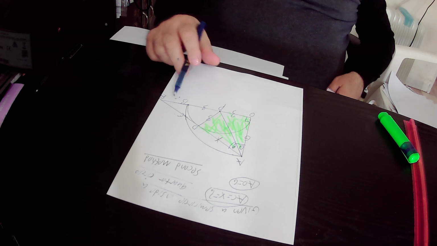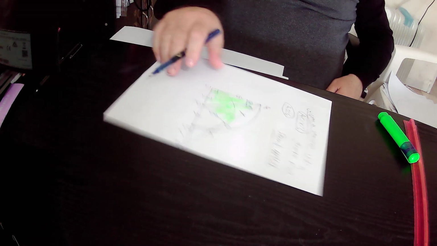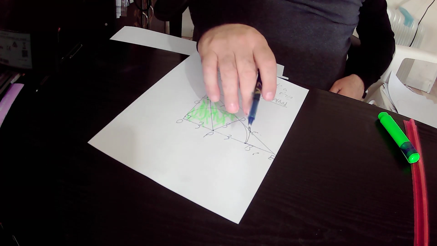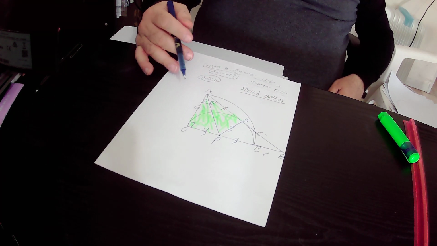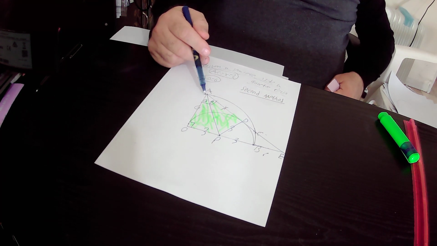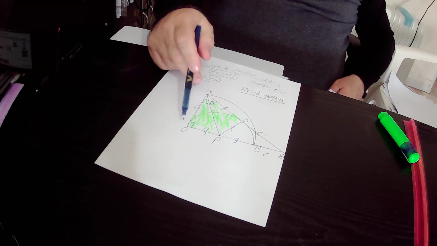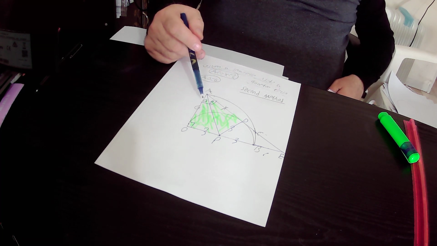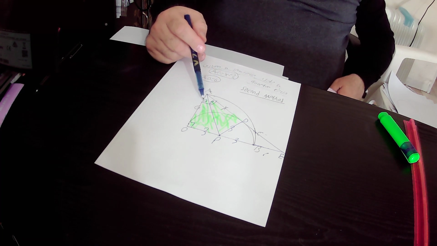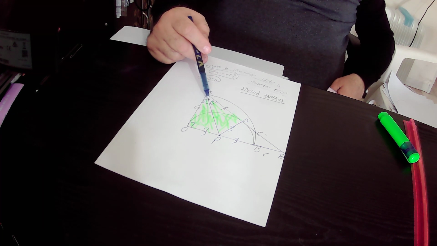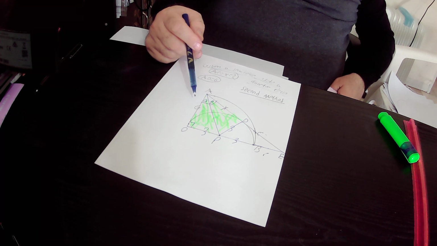In this right triangle AOE, AP is the angle bisector. That is to say, it divides angle OAE into two equal parts, two halves. Each half equals theta. Okay?